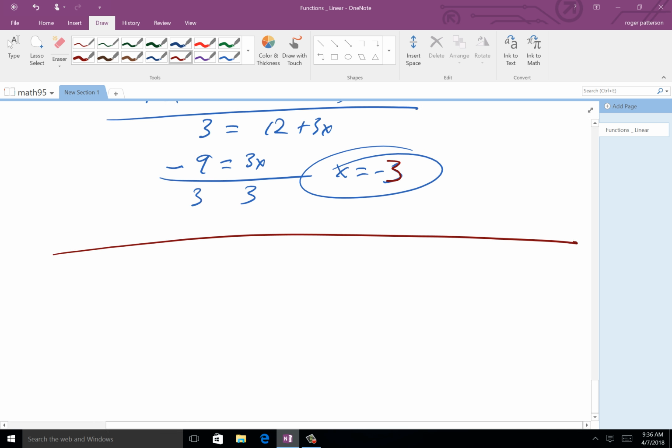So if we have something like this, and we work this out, oops, what was I thinking there? We'll simply make this into an 8, there we go.